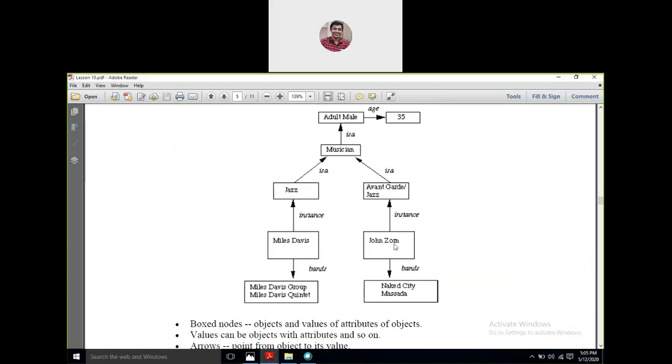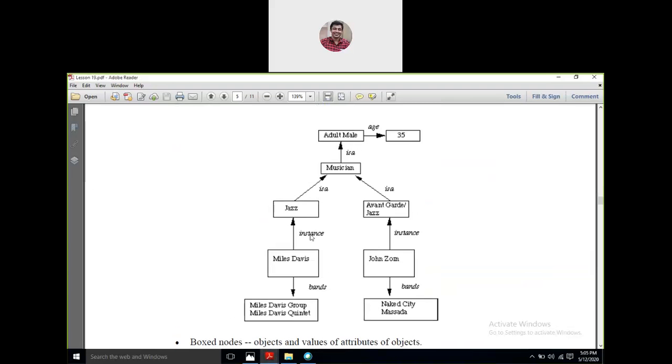Davis and John hold an instance of this type of musician, right? I don't have much idea about music. They belong to this specific class of musician, and they belong to an inclusive class of musician, and they have a higher order inclusion as an adult male.